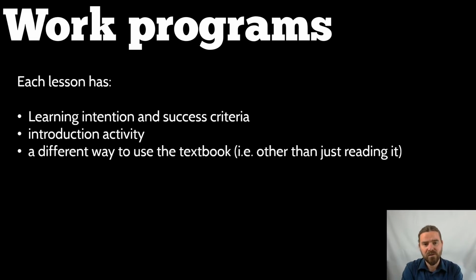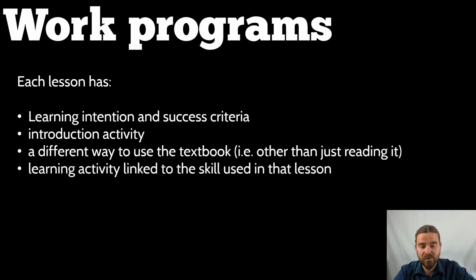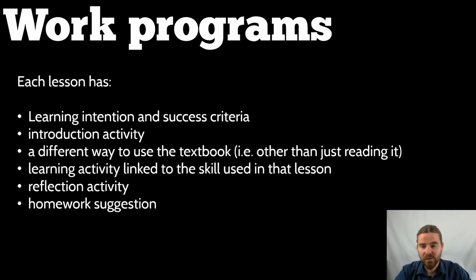It's got, and this is hopefully quite unique, a different way that you could use the textbook, rather than just reading it with your students. So a learning activity that's linked to the skill that is the focus for that lesson, a reflection activity, a homework suggestion, and some extension material. Nice. So you've got all of those ingredients for every single lesson for history.